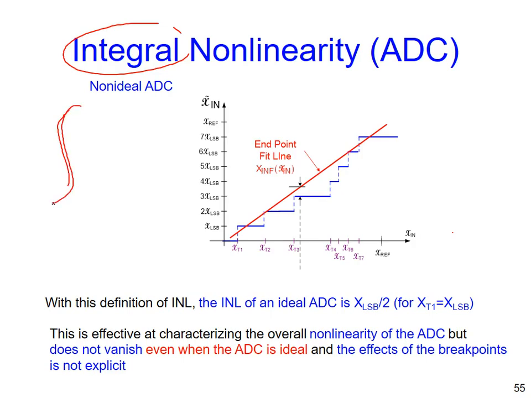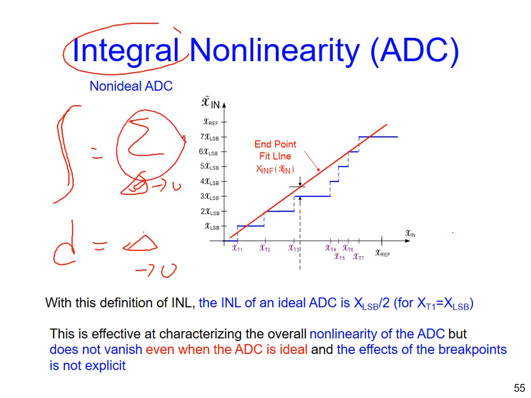But by definition, that is a summation, but the difference should be very small. And differential actually means difference only if it is very small. So why do we call it integral nonlinearity here?